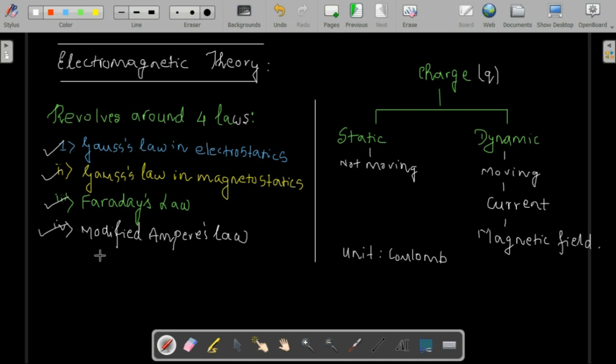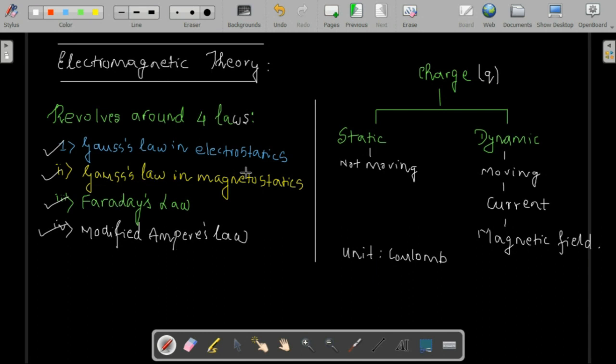Initially, it was Ampere's circuital law. Maxwell modified this based on the idea that there can be a flow of charge or current, which is called the conduction current, and apart from that, the current may be because of the electric field, that is the displacement current. Both of them combined give you the modified Ampere's law. But anyway, we are going to discuss that later.